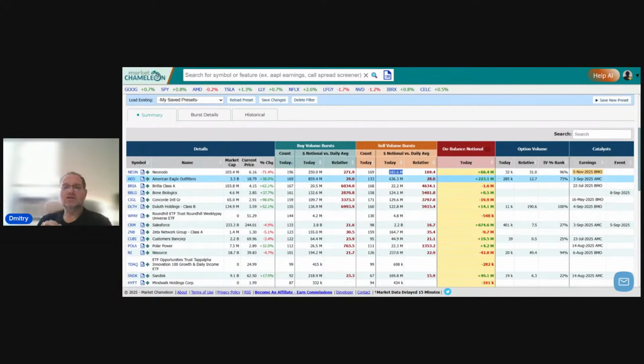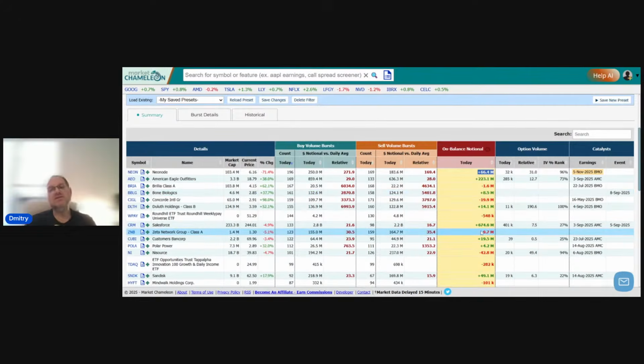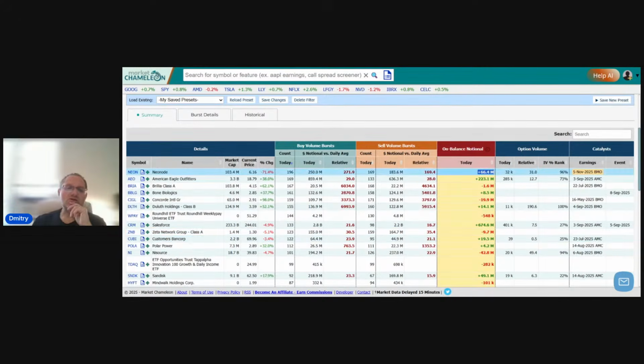If we measure one versus the other, there's an imbalance of positive $66.4 million worth of stock favoring buy bursts. There's a total count of 196 instances of buy bursts, 169 on the sell side. Relative to the 30-day, this is 270 times higher, 170 times higher than the daily average.